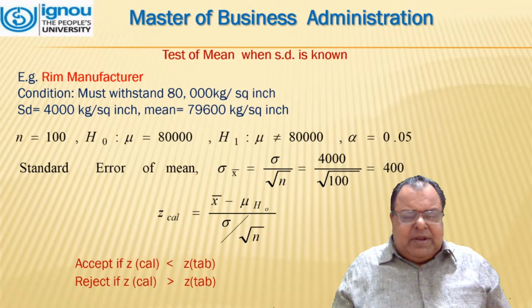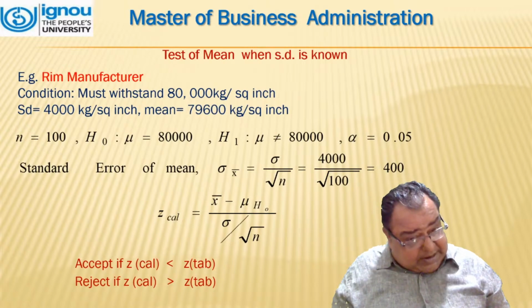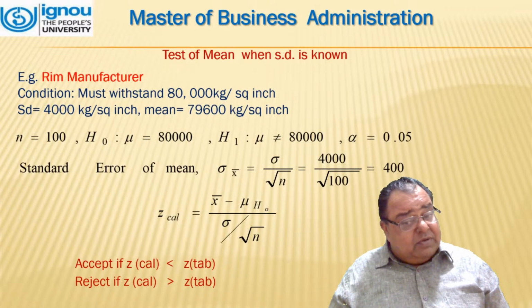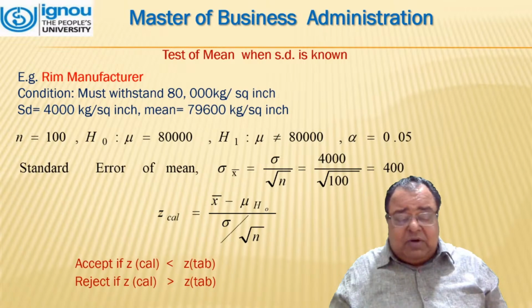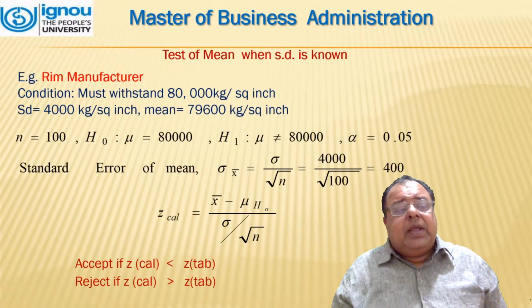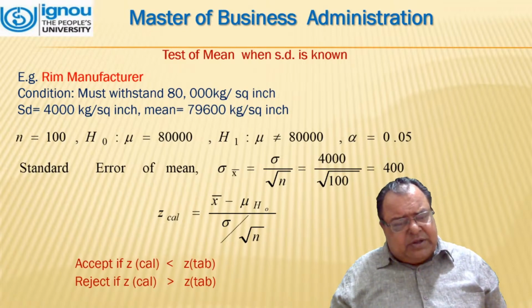The condition is very simple. Here n is equal to 100. H naught is mu equal to 80,000, that means it can withstand. The alternate is H1: mu is not equal to 80,000, that means it won't withstand. Alpha has been taken as 0.05.